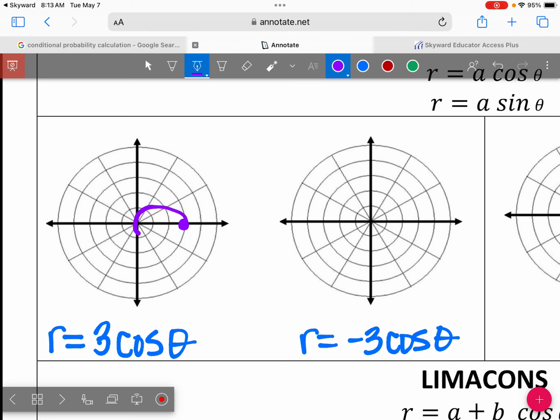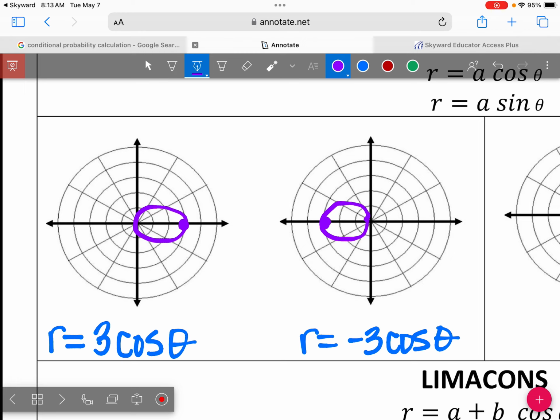And it looks more like an oval than it does a circle. So -3 cosine theta is going to swing to the left and look something like that. And again, these are sketches, not accurate at all. I mean, we're not plotting points, is what I'm trying to say.